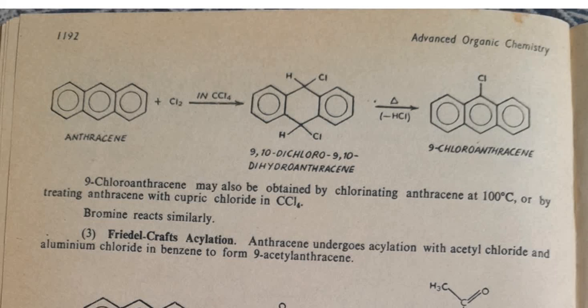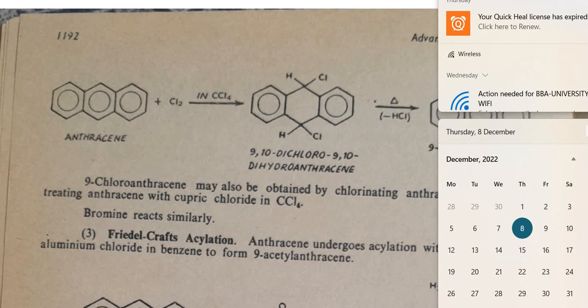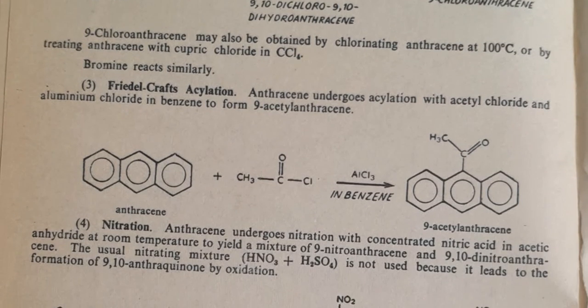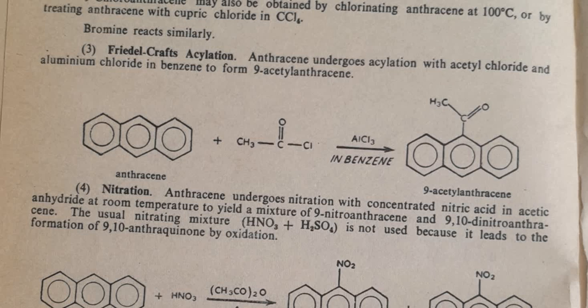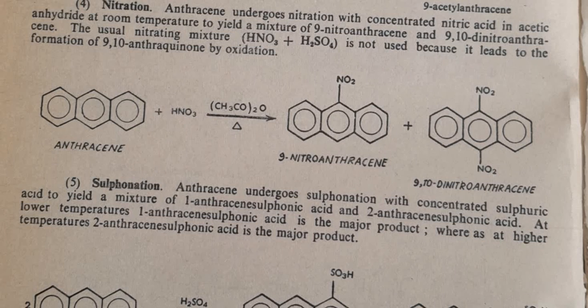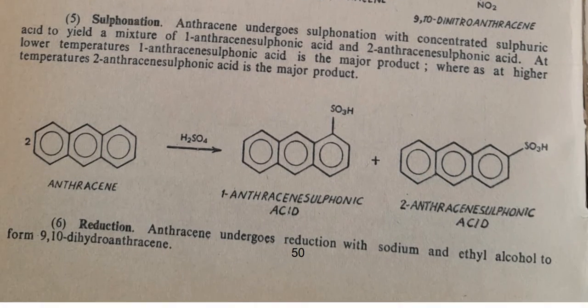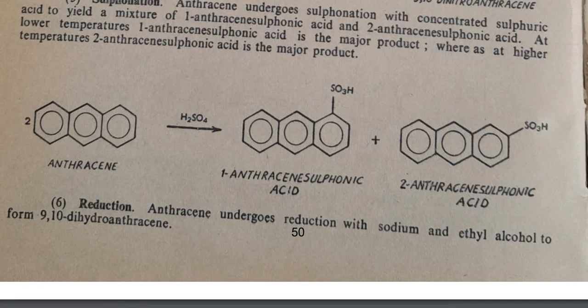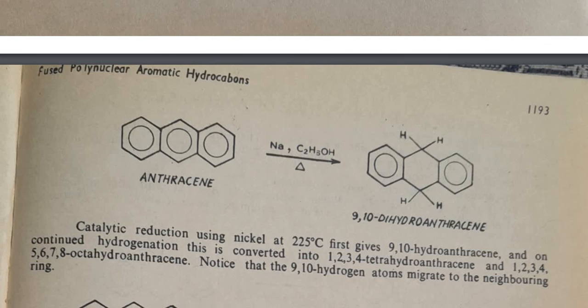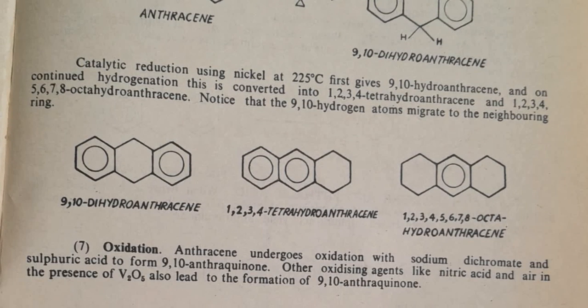Now Friedel-Crafts acylation: it reacts with acetyl chloride and you will get 9-acetylanthracene. Nitration gives 9-nitroanthracene and 9,10-dinitroanthracene. Anthracene reacts with sulfuric acid to give 1-anthracene sulfonic acid and 2-anthracene sulfonic acid. On reduction, you will get 9,10-dihydroanthracene, the reduced product.